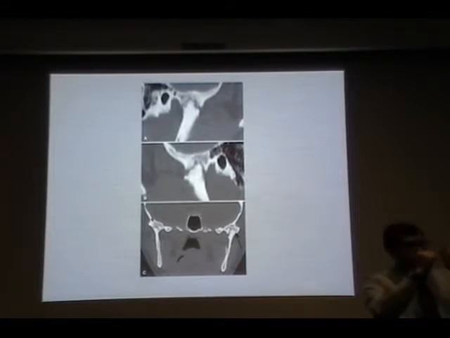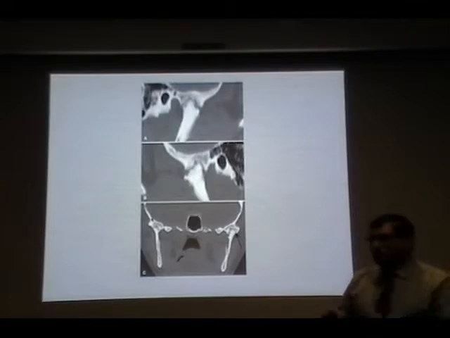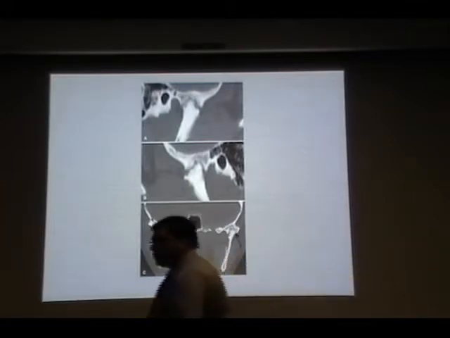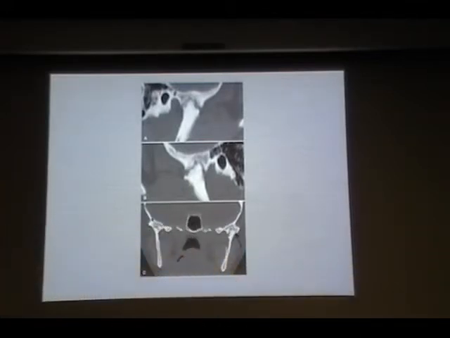And you also have to check the disc, which we are not going to discuss today. When we discuss MRI sometime, we are going to talk about how you have to look when the condyle is moving, the disc is moving up. Today's topic, no disc. We are going to focus only on osseous structures.